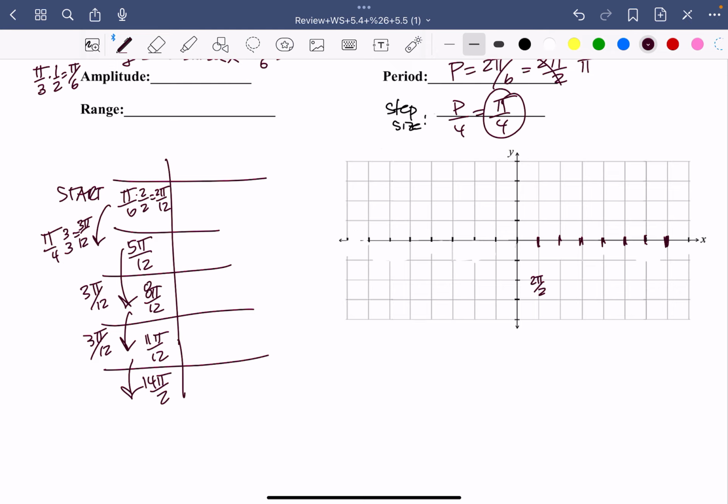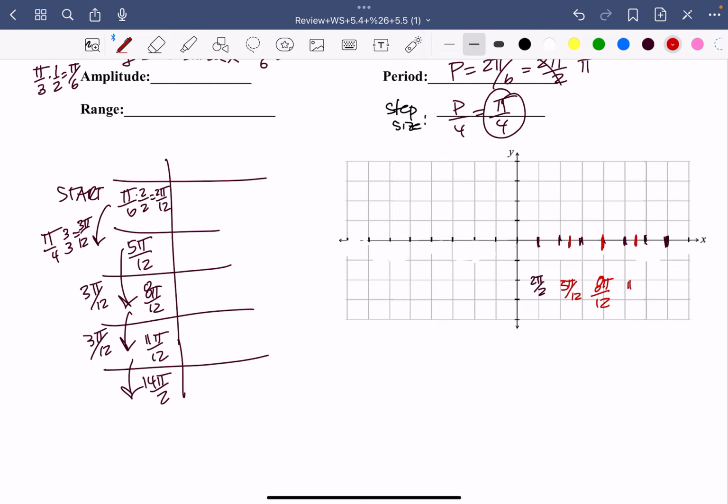So there's 2 pi over 12, and then if that's 2 pi over 12, then halfway in the middle, if that's 4, this is going to be, I'll make it red, 5 pi over 12. So that's 2, 4, 6, 8. Here's 8 pi over 12. 10.